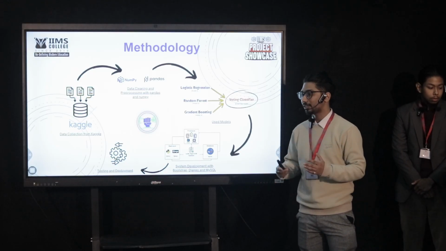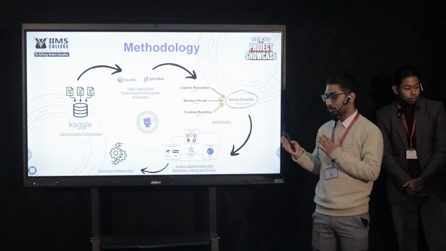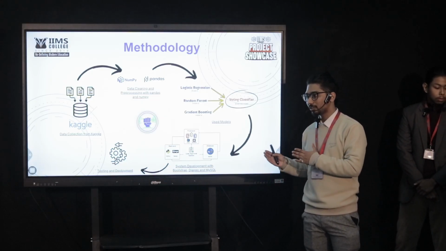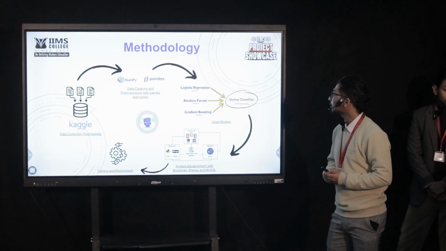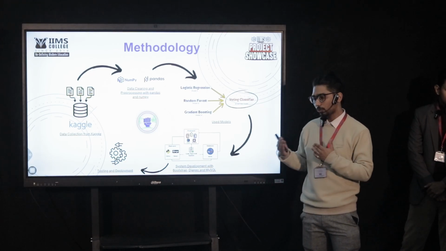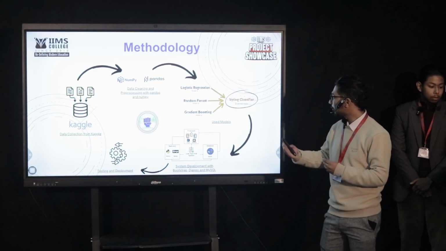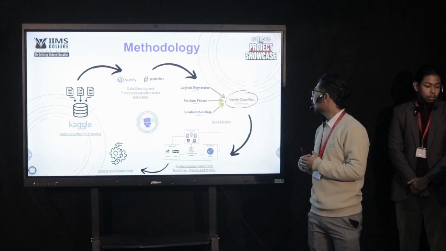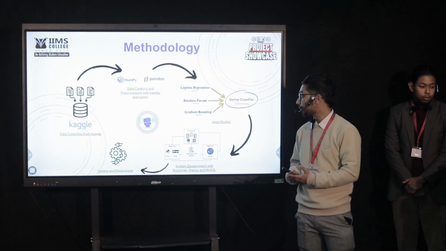After that, we trained and tested the models, splitting the data 80 and 20. We used 3 models: logistic regression, random forest, and gradient boost. All the models performed well, but we wanted more refined accuracy, so we integrated them into a voting classifier using the soft voting method.